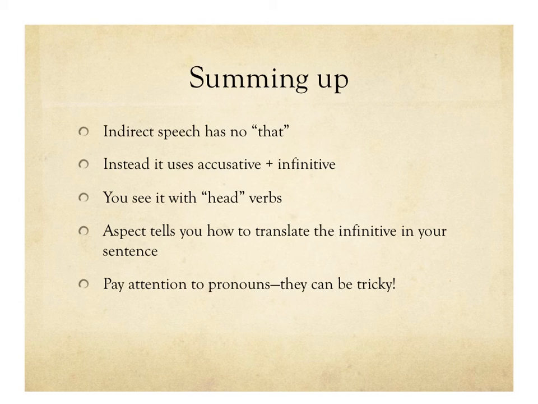It has some head verb followed by that and then a sentence. And that is the way that we know that we have an indirect statement. He thinks that you are smart. I know that it is raining. That tells us that we have indirect statement.